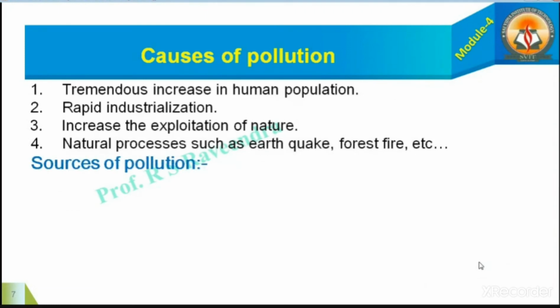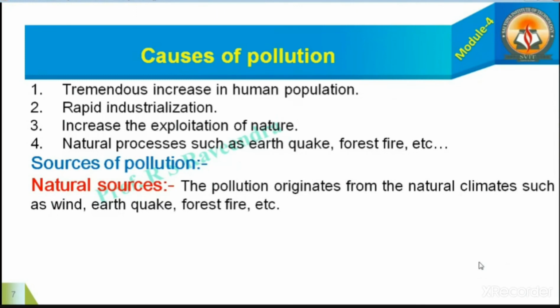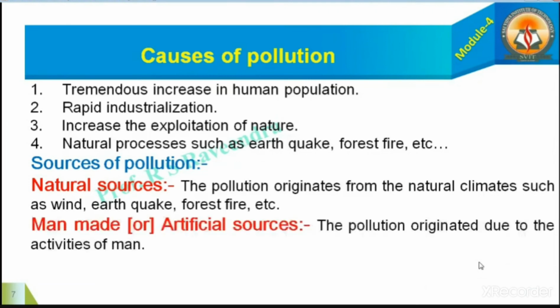And as for sources of pollution, we have two different kinds. The first is natural sources. The pollution originates from nature or natural climates such as wind, earthquake, forest fire, etc., which are the natural sources of pollution. The second one is artificial, also known as anthropogenic or man-made sources.